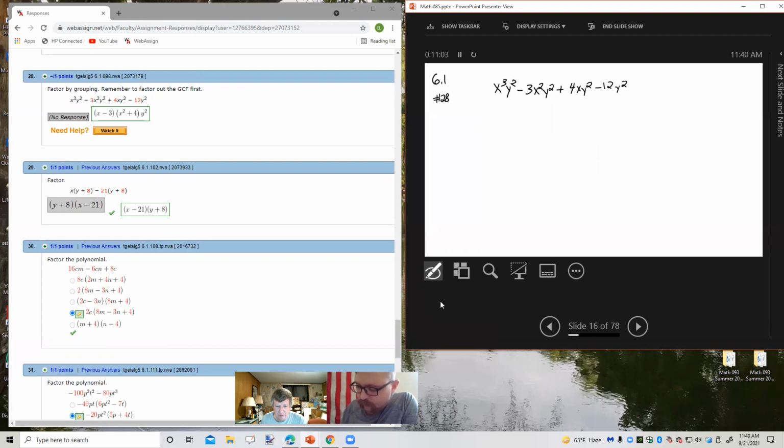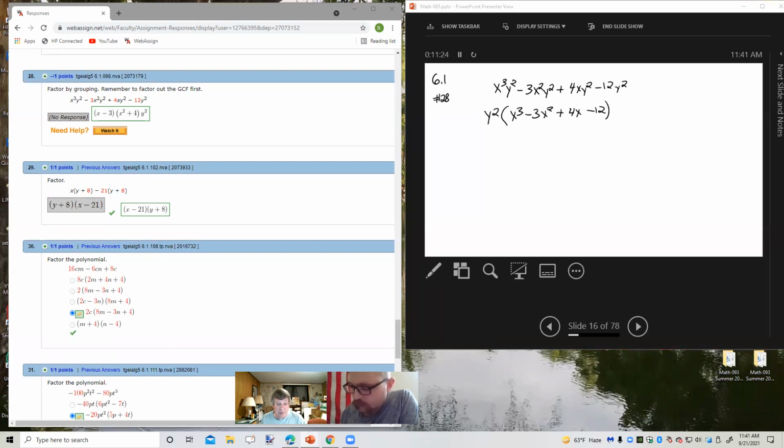I didn't catch that. See there? Everybody has a y squared in it. So we're going to take out a y squared, and then we'll have x cubed minus 3x squared plus 4x minus 12. Okay. So far, so good.